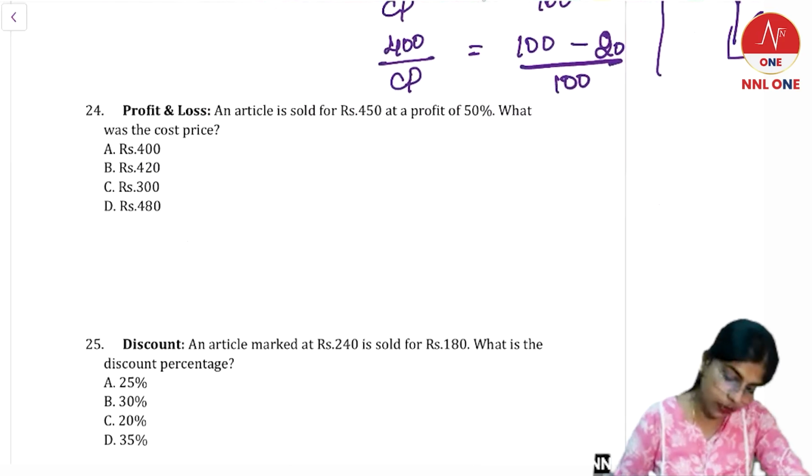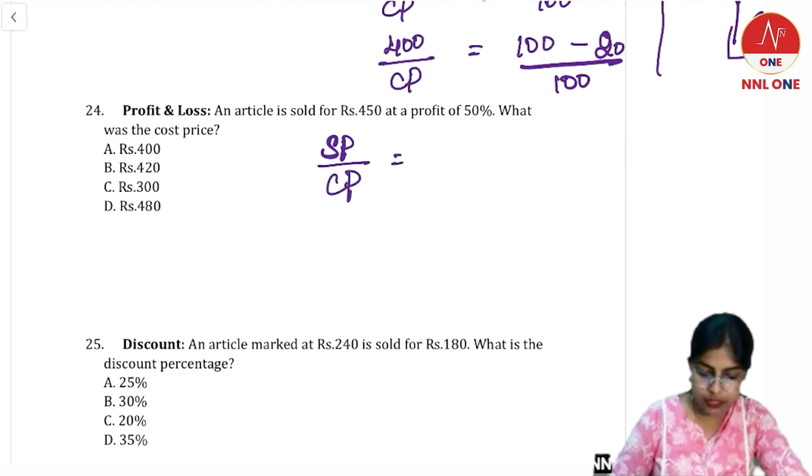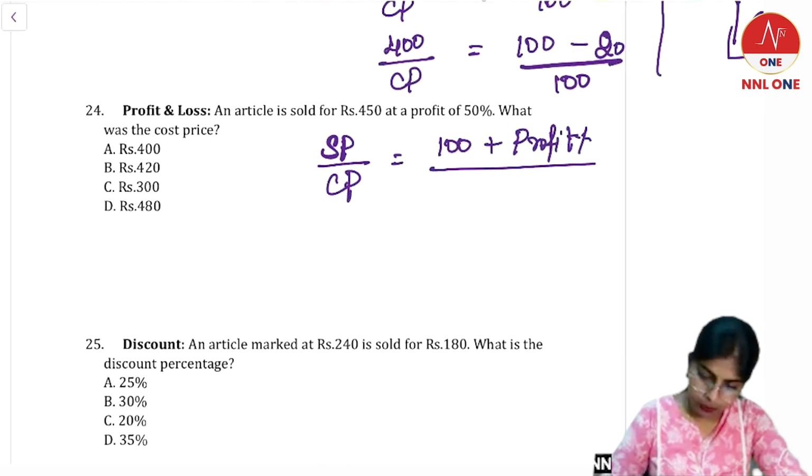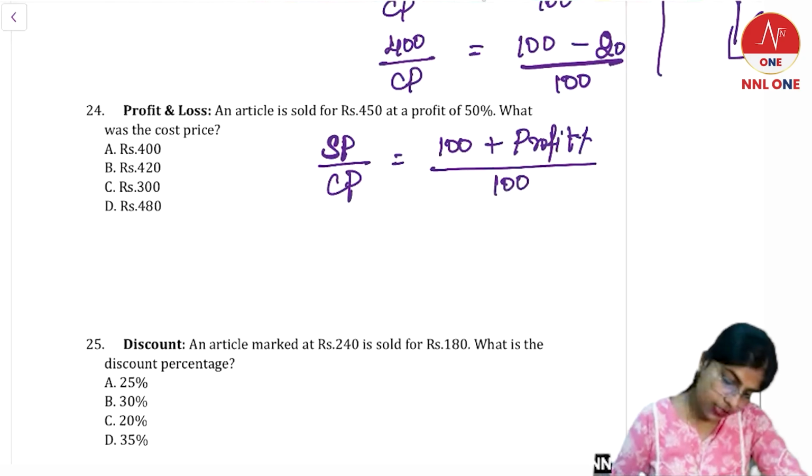What was the cost price? So here we are going to use the formula for profit percentage. What is the formula? SP by CP is equal to 100 plus profit percentage by 100. So what is the selling price here? An article is sold. So this is the selling price. 450 will be the selling price.